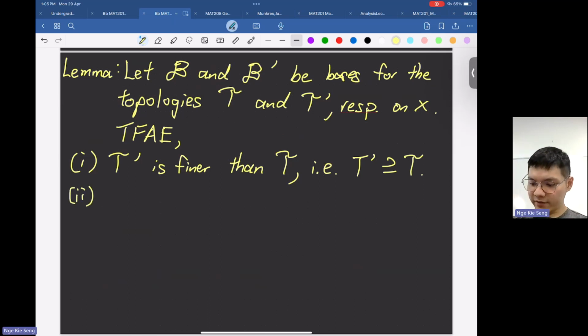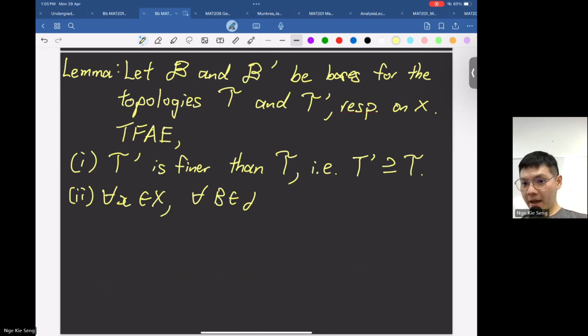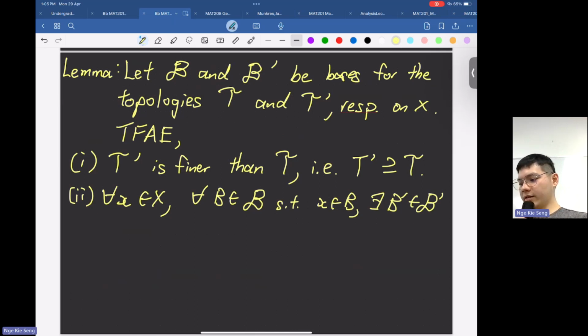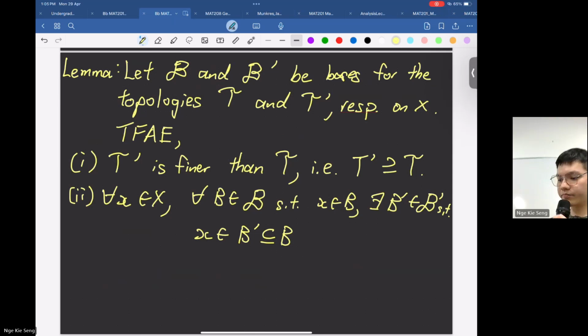And the second property is: for every x in X and for every basis element B in script B containing x, there exists a B prime in script B prime such that x is in B prime and B prime is contained in B.